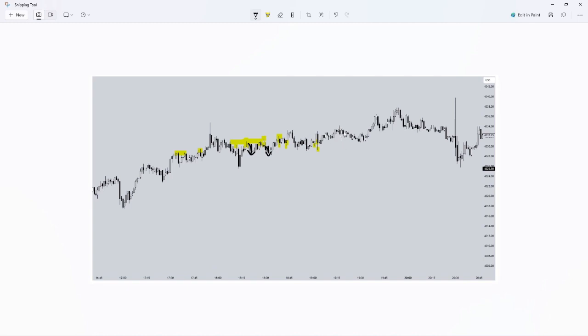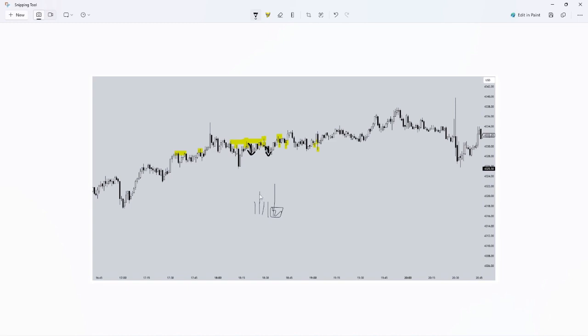I'm not interested in taking this because I want to see a clear swing be put in place. If I see a bunch of candles that are all equal high, back to back to back, like we get here, this kind of triple test, and then we get a candle that on the wick breaks through that and closes below it, I'm not interested in taking this just because I want to see a clear swing point.